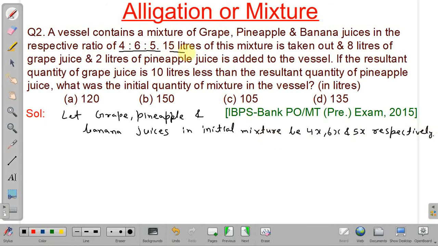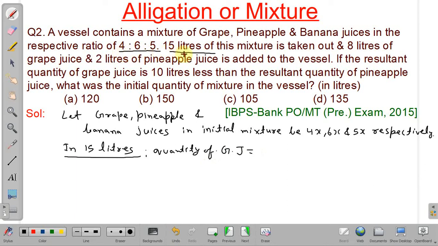So out of this, 15 liters of the mixture is taken out. So in 15 liters, the quantity of grape juice we are denoting by GJ. It will be, see, ratio is 4 ratio 6 ratio 5. So out of 15 parts, 4 parts will be grape.